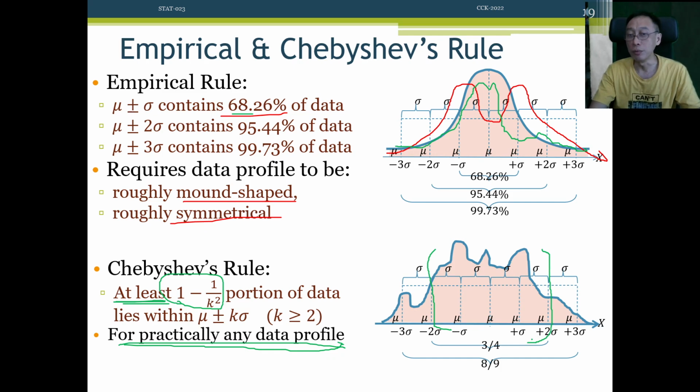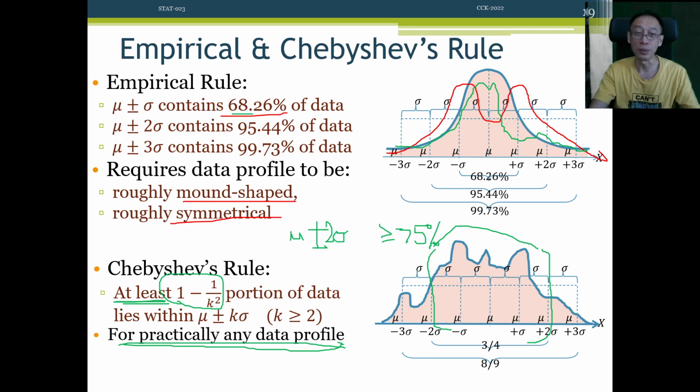What does Chebyshev's rule predict about the percentage of data within this segment? The area is going to be 1 minus 1 over 2 squared, which means 3/4, right? So 75% of data will fall within mu plus minus 2 sigma.